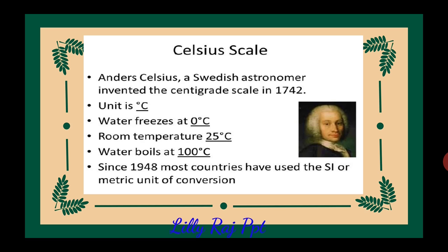Before that, it was known as centigrade, a thermometer using this scale calibrated from 0 degree to 100 degree centigrade. So 0 degree is the freezing point of water and 100 degree is the boiling point of water. So 0 degree to 100 degree is the scale.